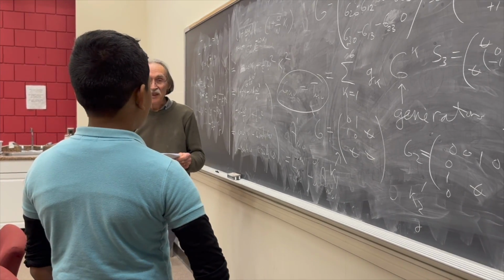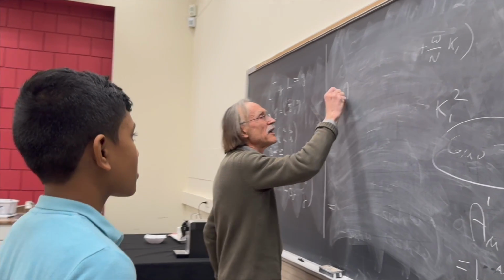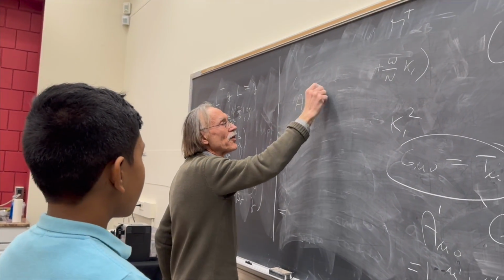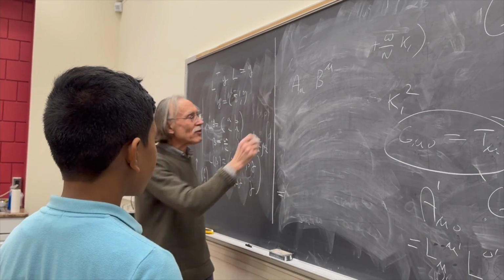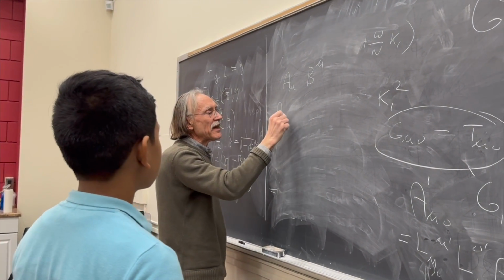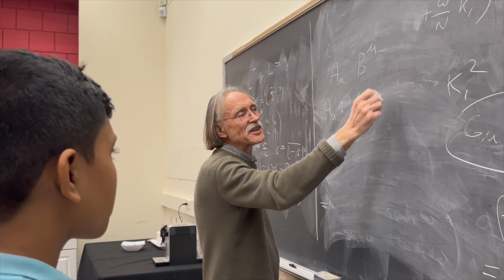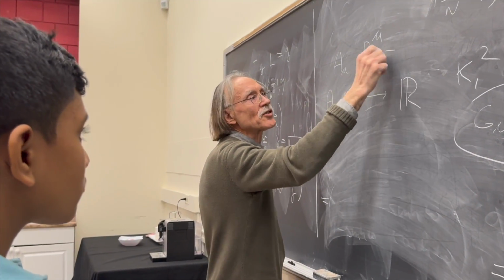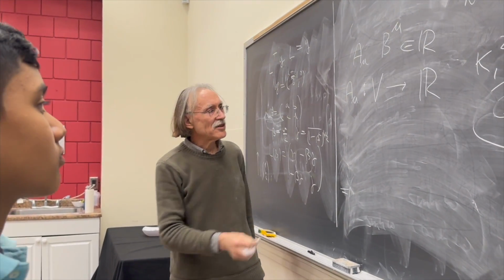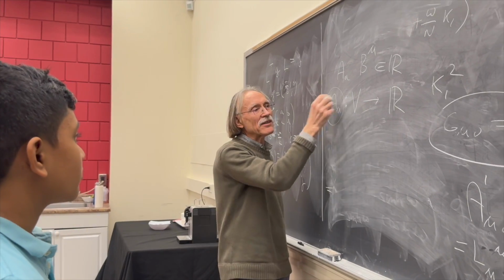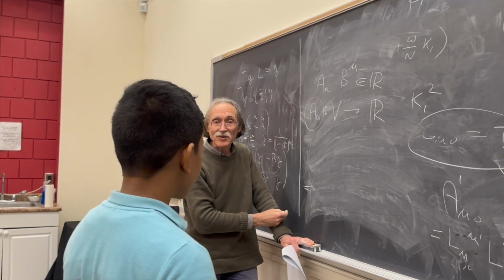This is a tensorial scalar product, so you write it as A mu times B mu. You can also look at it in a different way. A mu maps an element of a vector space to the real numbers. So this is an element of the reals. So you actually can consider B as an element of a vector space.